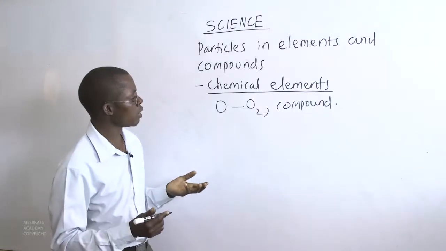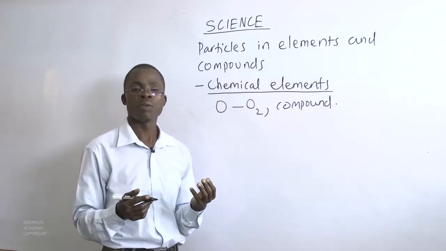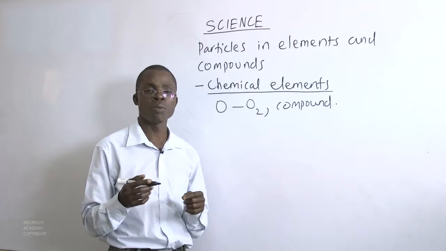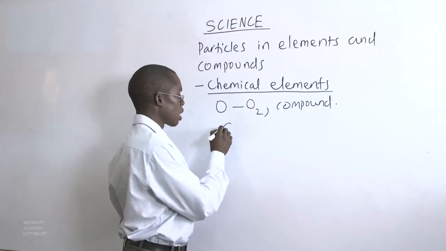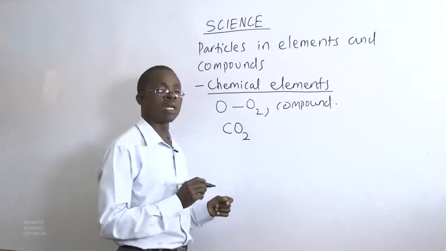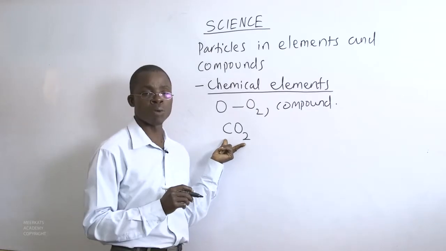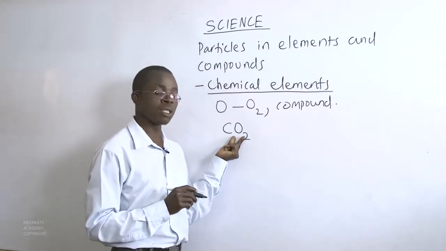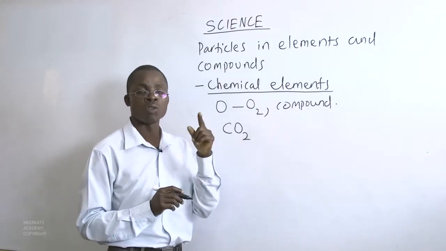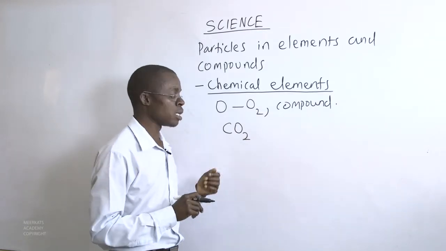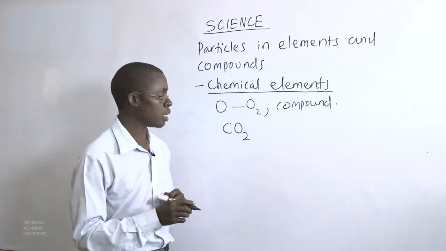A good example is carbon 4 oxide, what we also call carbon dioxide. You can see these are compounds where carbon and oxygen have come together to form a single substance by the name carbon 4 oxide.